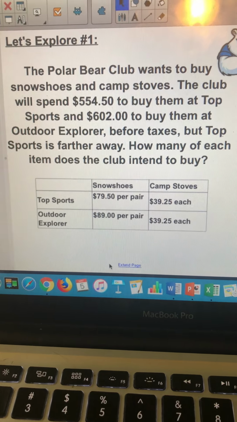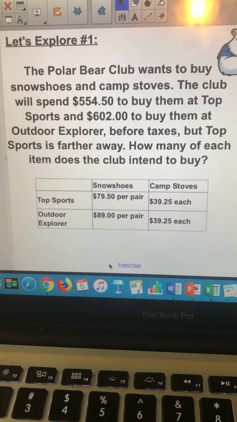So I'm going to write $79.50 X, because it's $79.50 per snowshoe, okay, plus camp stoves $39.25, so plus $39.25 Y, because camp stoves are my Y, and they tell us at Top Sports they're going to spend $554.50, so equals $554.50.